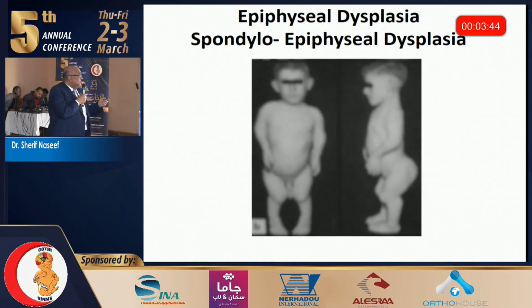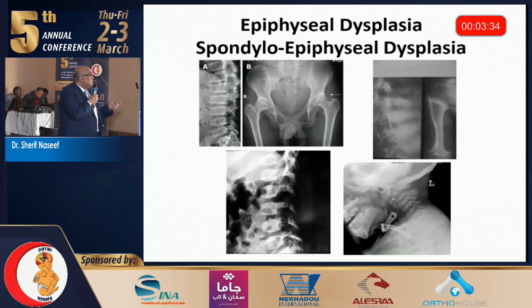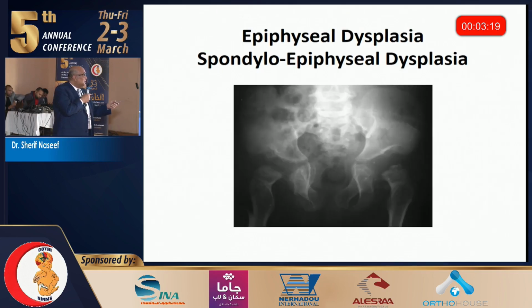If it includes also the spine, it's called spondyloepiphyseal dysplasia, with lumbar lordosis and barrel-shaped chest. Whenever we say there is a barrel-shaped chest, we should differentiate it from mucopolysaccharidosis, or Morquio disease. The spine and the end plates are affected, with possible subluxation of the atlantoaxial joint.